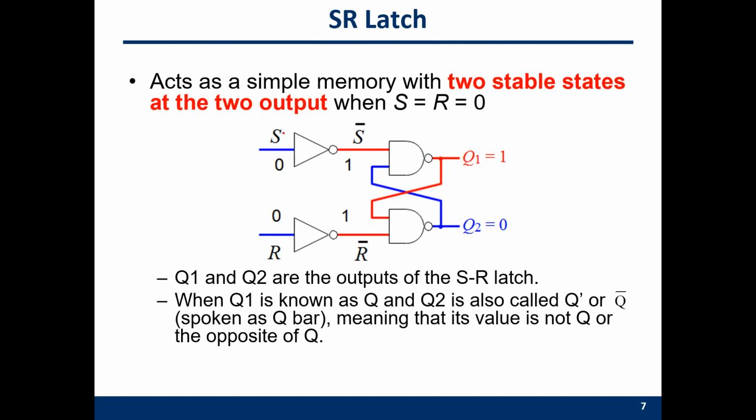So you can see that this is S, this is R. We have two inputs and we have two outputs. One is Q1, the other one is Q2. So Q2 is the complement form of Q1. Then the outputs are Q and Q bar.